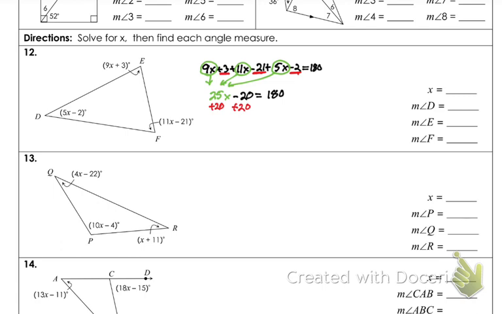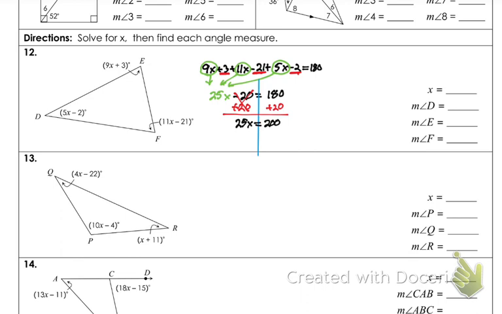It's got to be on the other side of the equal sign. Picture a wall here: if I have a plus 20, it has to go to the other side of the wall. So we're going to add 20 over here. The negative 20 and 20 cancel out, which gives me 25x equals 200.